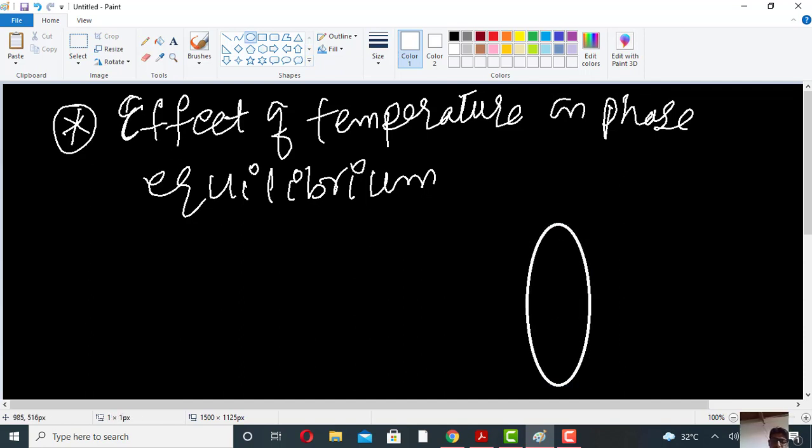a vessel. This is our vessel. This vessel is filled with water up to some height. This is the water.